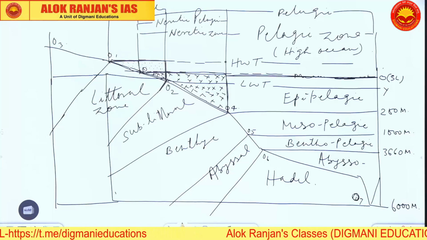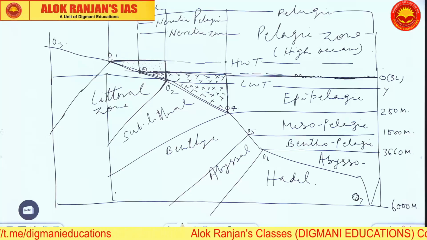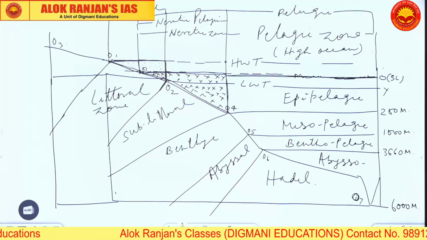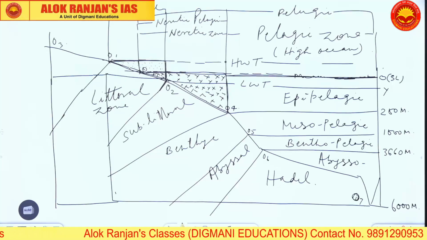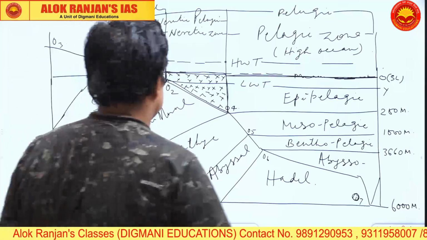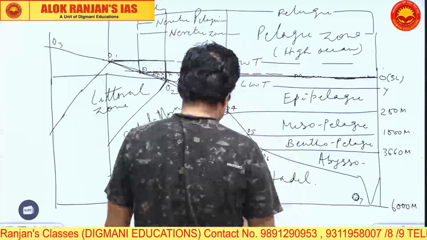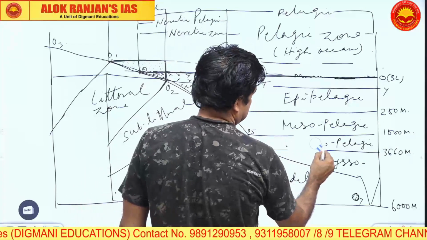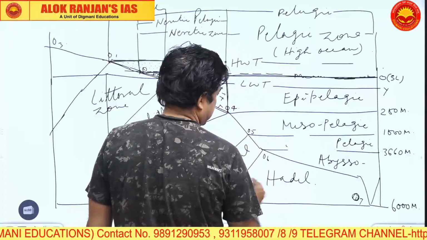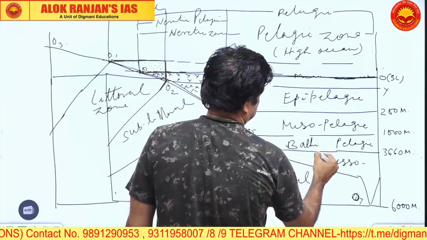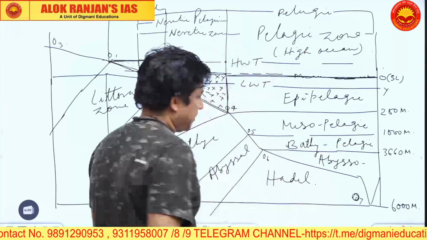Epipelagic, mesopelagic, and then you have bathypelagic. Bathypelagic is also called benthopelagic.